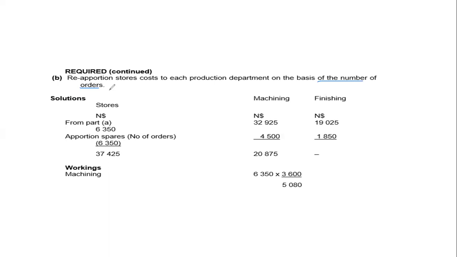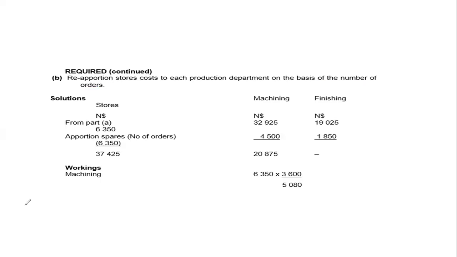So in this case, everything that we apportioned to the service department, we must reapportion to the production departments based on the number of orders.